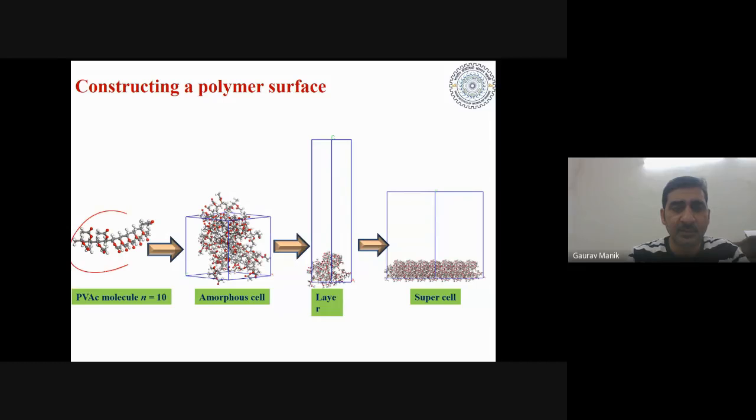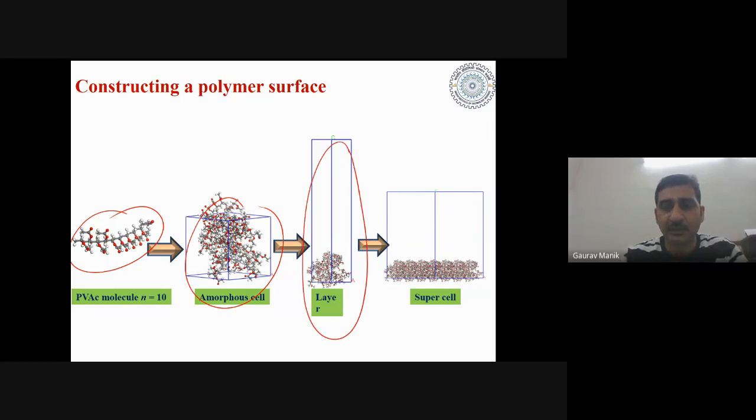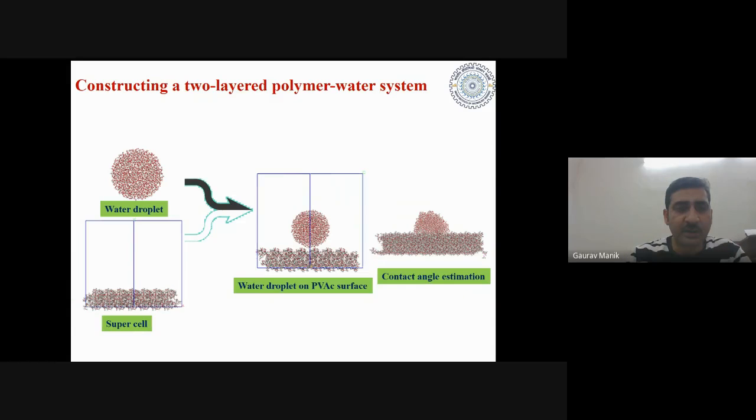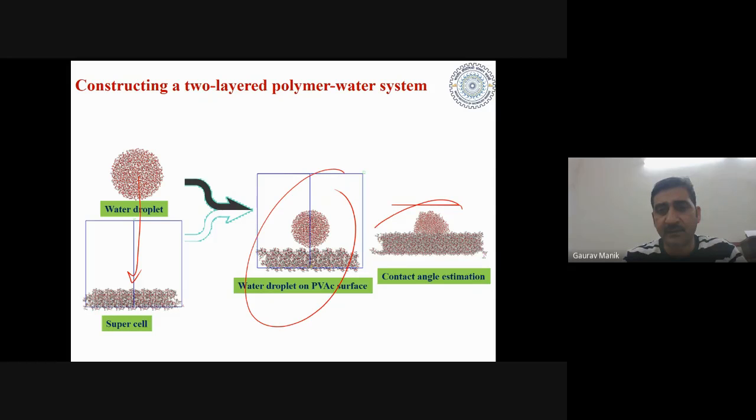Then you make the base matrix. You use the polyvinyl acetate molecule, make an amorphous cell, make a layer of it, and then make a supercell of it. Once you have done that, you put this water droplet on top of it. When you put the droplet on top, it sits, equilibrates and finds a specific contact angle.